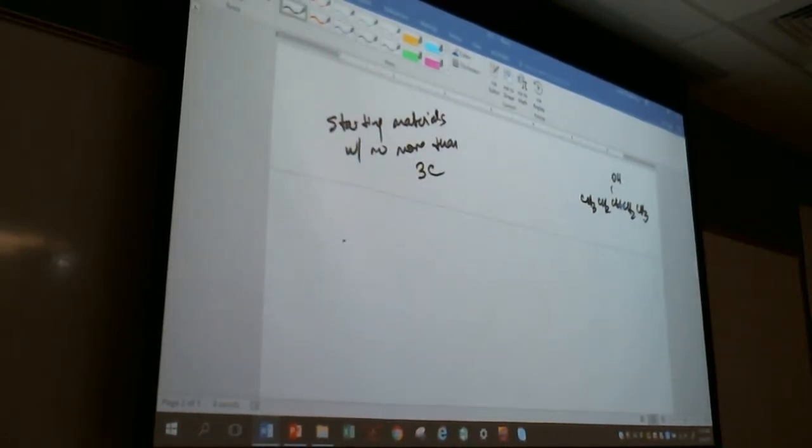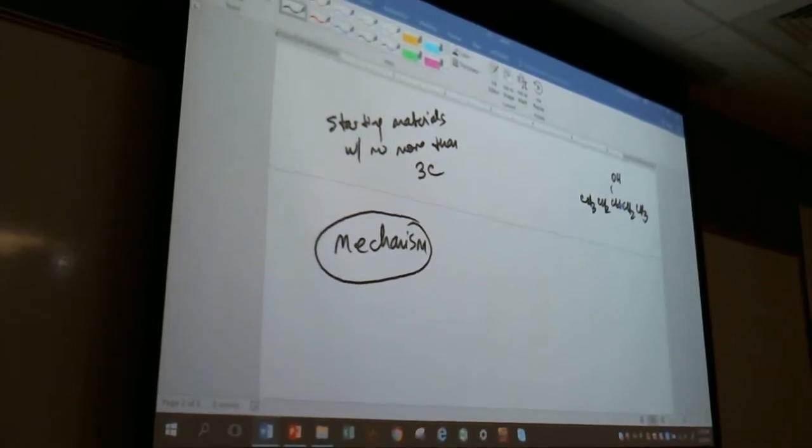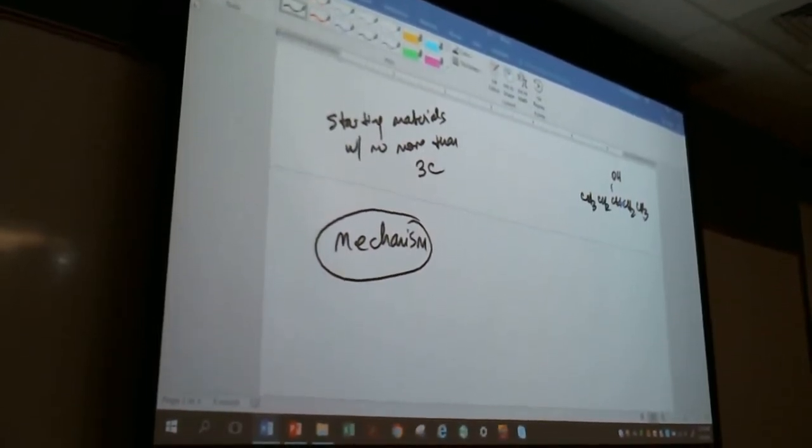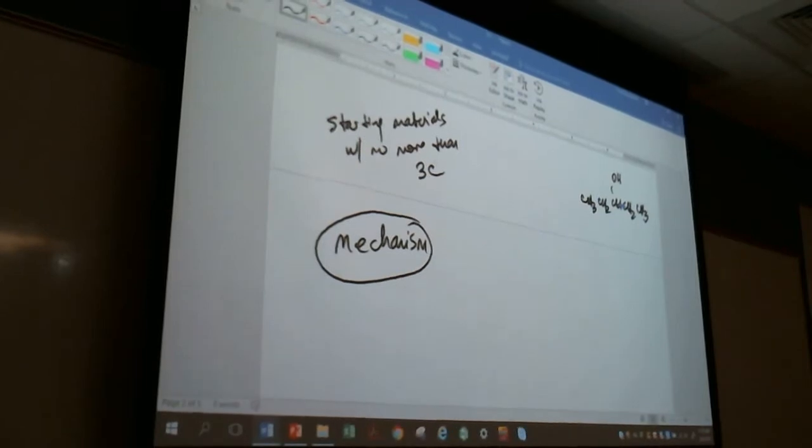There's going to be at least one mechanism in the exam. And that mechanism, of course, involves each and every bond that you make and each and every bond that you break. That is what a mechanism implies.